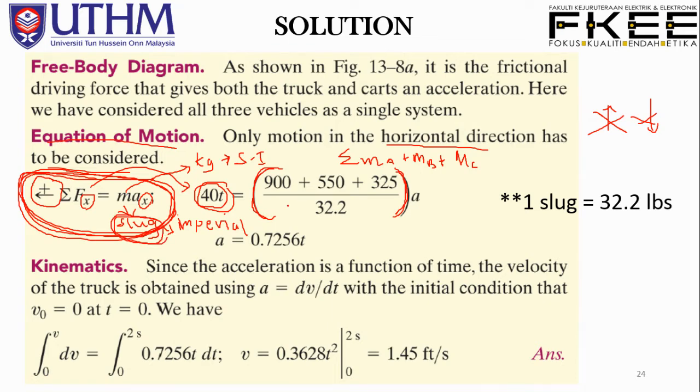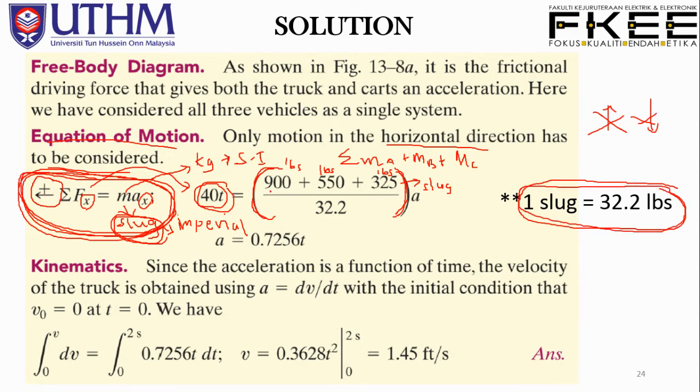instead of pound, lbs. Each of these pound values needs to be converted into slug. How? This is the relationship: one slug equals 32.2 pounds.